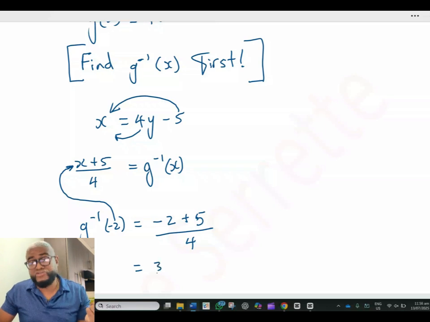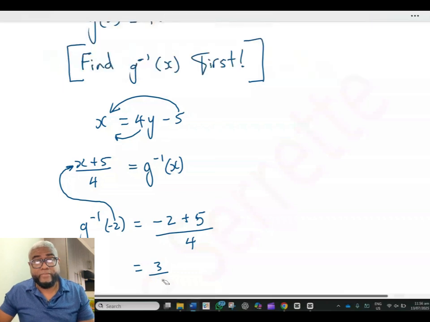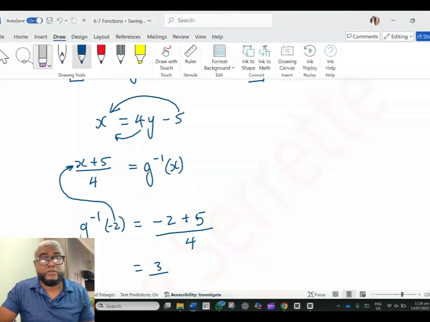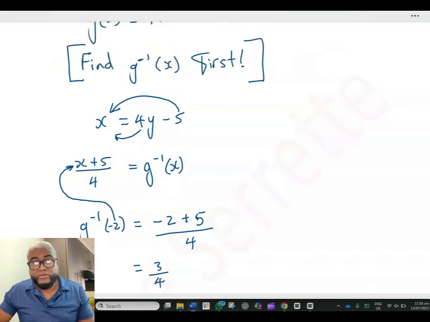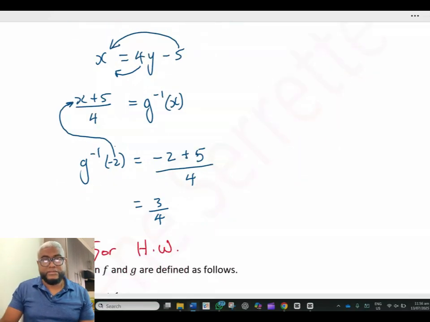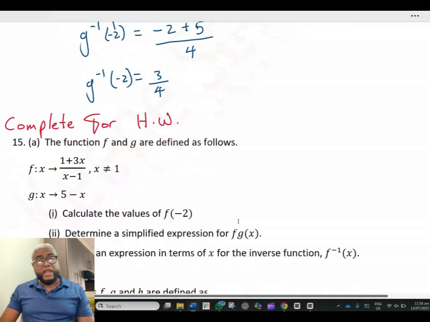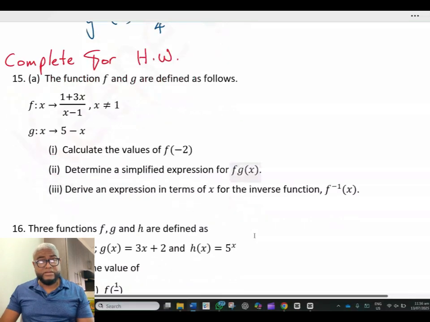Negative 2 plus 5 is 3. 3 over 4 will just be 3/4. 3/4. Proper thing. Right? Party done. So here what you're going to do, I'll have all this to do underneath here.